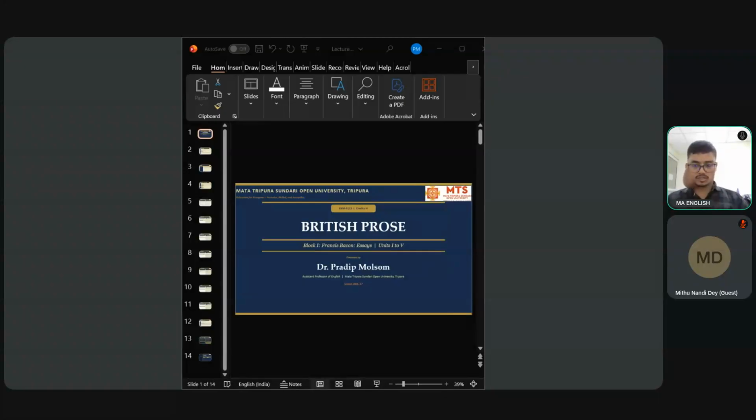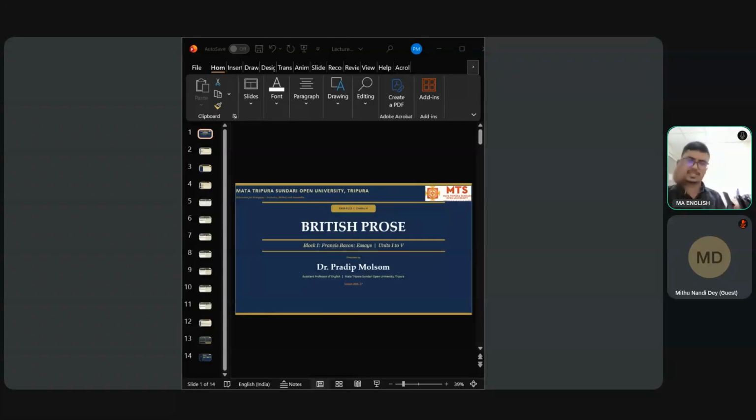It is a course that covers some of the most thoughtful, important, and beautifully written essays in the English literary tradition. These essays were written by great thinkers who reflected deeply on human life, society, morality, truth, and also knowledge.